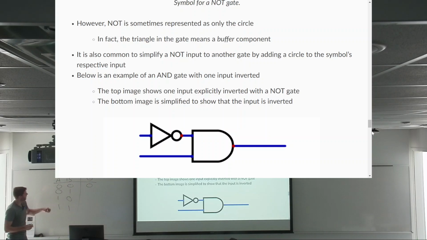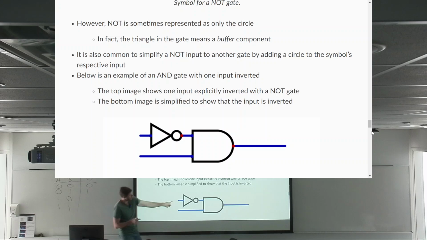Now, we have A, B: 0, 1. Will the output be high? Yeah. Why? Because if this is 0, well, what's not 0? 1. And what's 1? 1. So 1 and 1, 1.